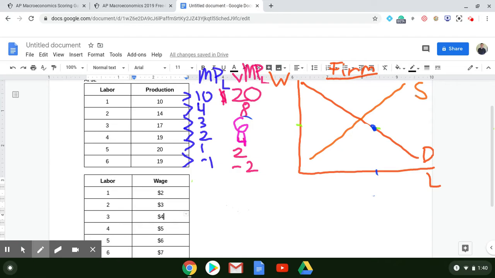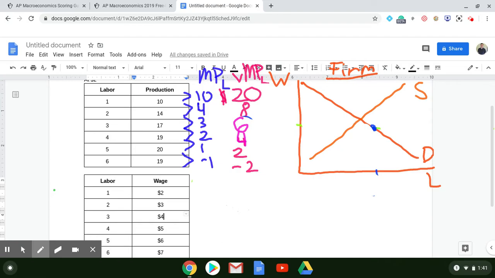But that's not where the story ends. Presumably, we're not going to be able to perfectly discriminate on everyone's wage.